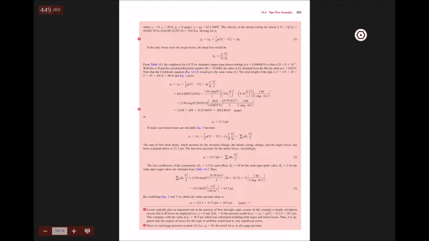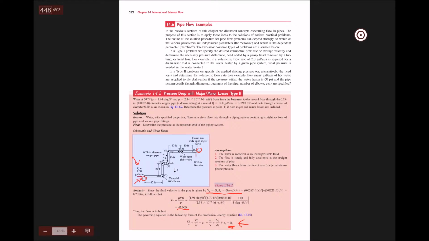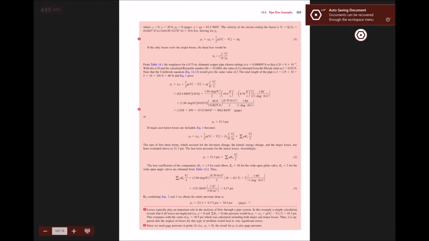So what kind of losses are we considering? Let's consider first the major losses. Before that, realize that here at point 2 we are outside, so that term goes away, and what we are left with is this equation.